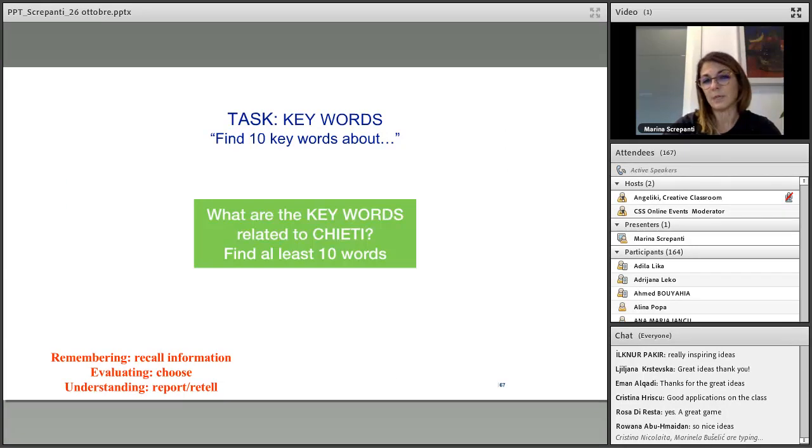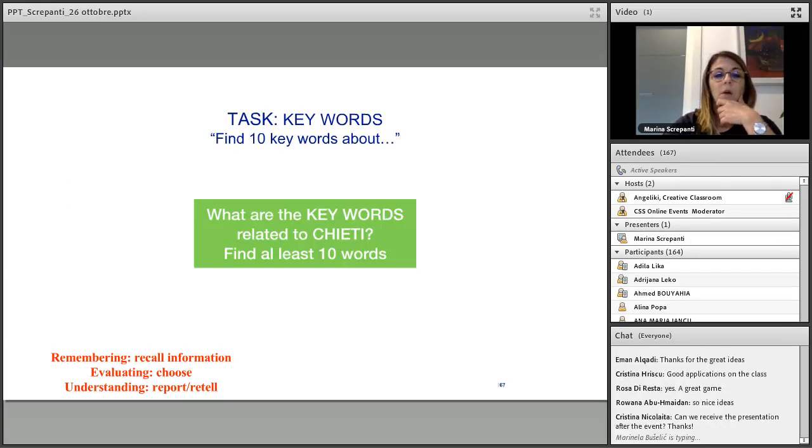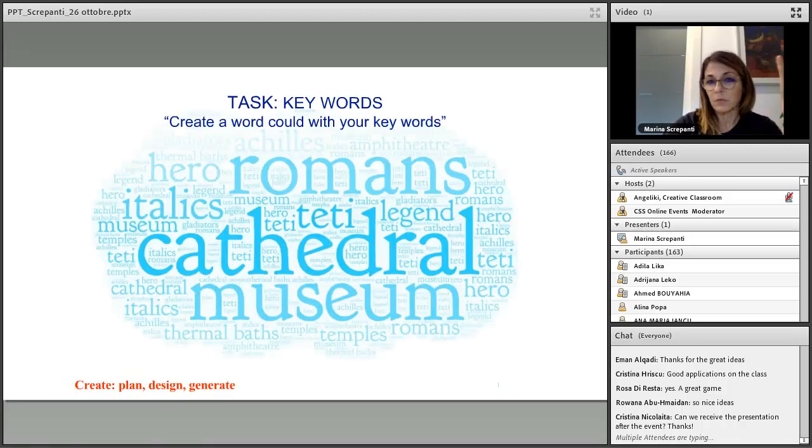Obviously, the classmates have to guess. Or, for example, you can ask students to find keywords, because if they find the keywords, it's obvious that they know the topic.